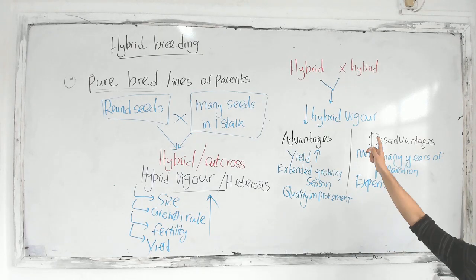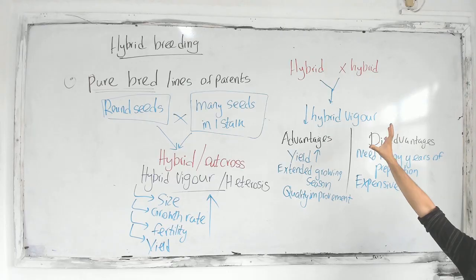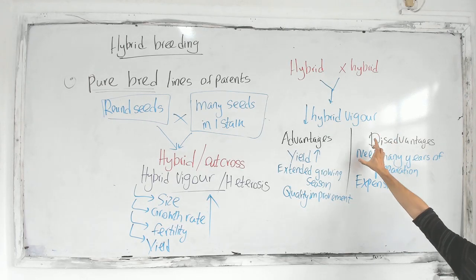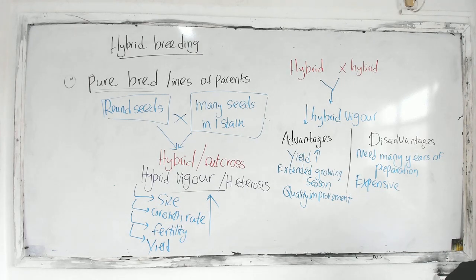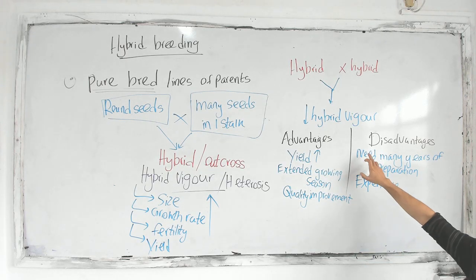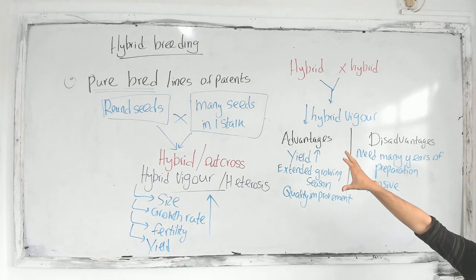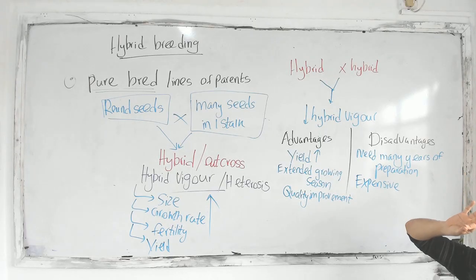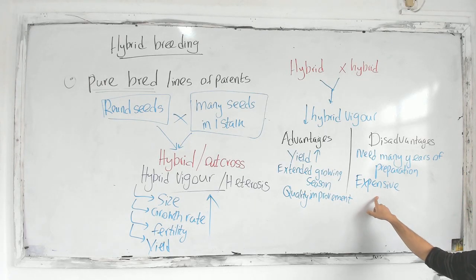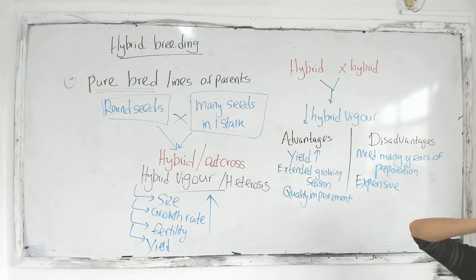Yes, that's also a disadvantage. If you allow hybrids to interbreed, hybrid vigor decreases. You can write it down here. That's why you need to maintain the continuous parental lines, and that's why it's expensive. Every year, these big seed companies produce hybrid seeds.